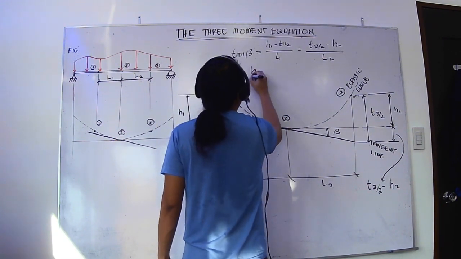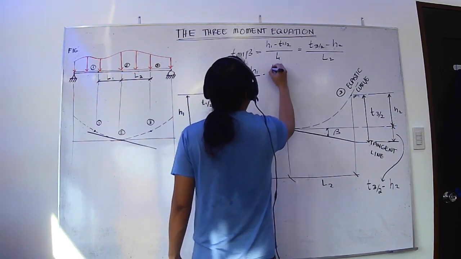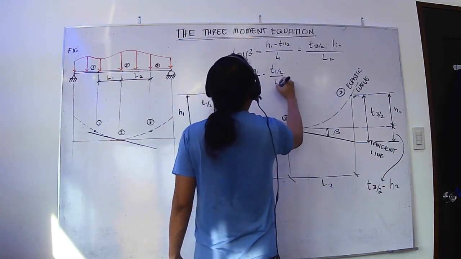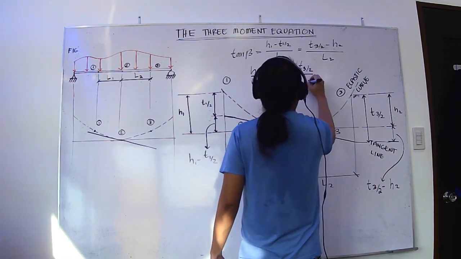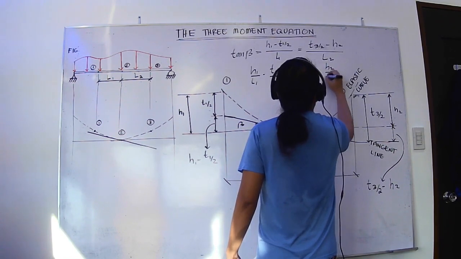So we just say H1 L1 minus T12 L1 is equal to T32 L2 minus H2 L2.